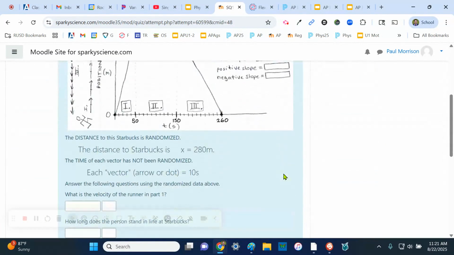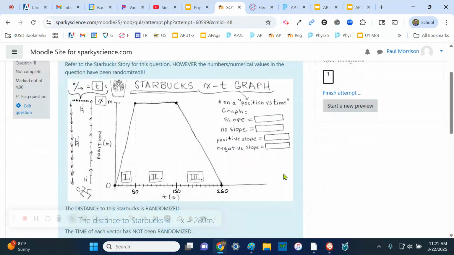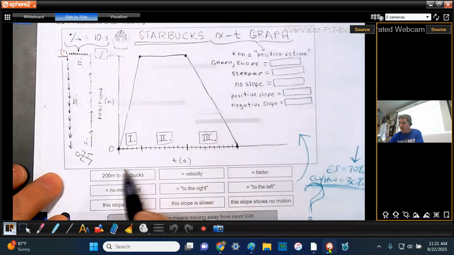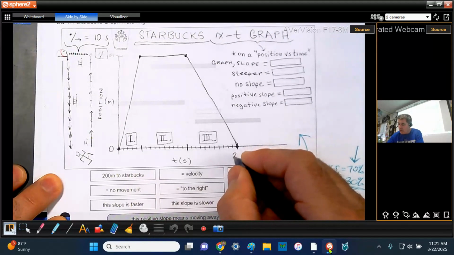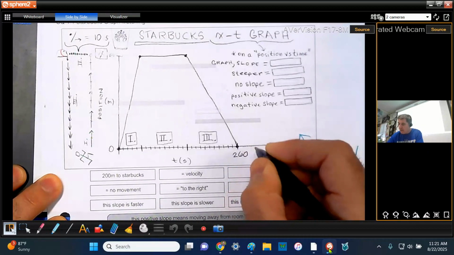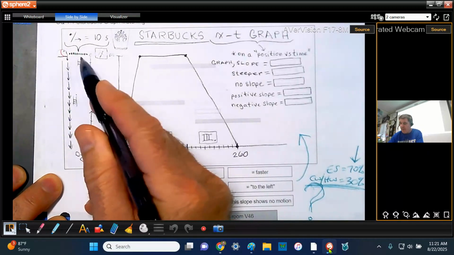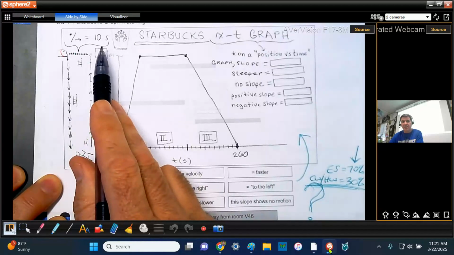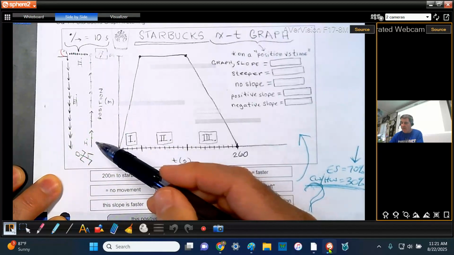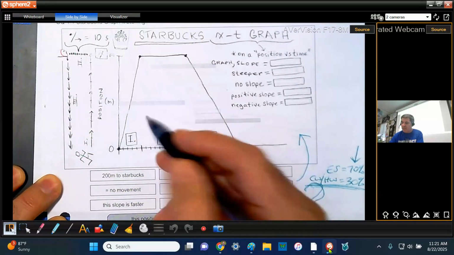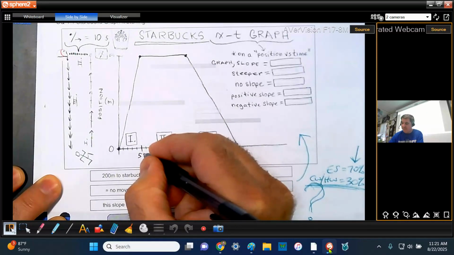And then this is the quiz. Now this quiz has numbers, so we can actually add numbers. On this paper, everybody has the same time. So the total time here is 260, right? And if you count these, each one of these is 10 seconds. So when I ran there, it's 10, 20, 30, 40, this is 50 seconds.